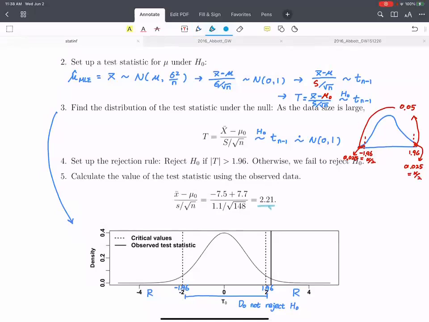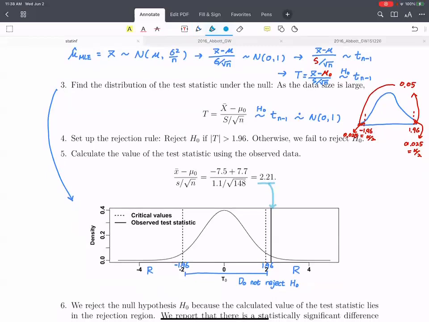And this 2.21 lies in the rejection region, outside of the range between negative 1.96 and 1.96, meaning that something very unlikely happened, if the null were true.